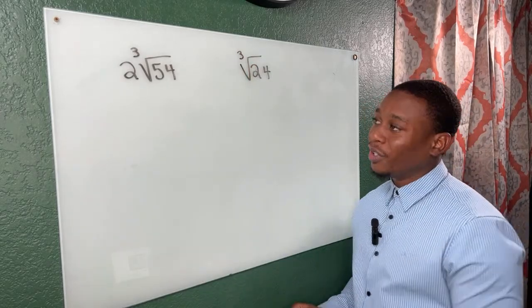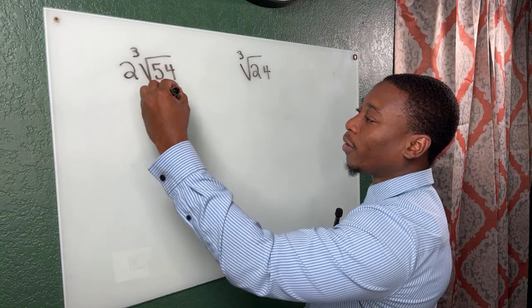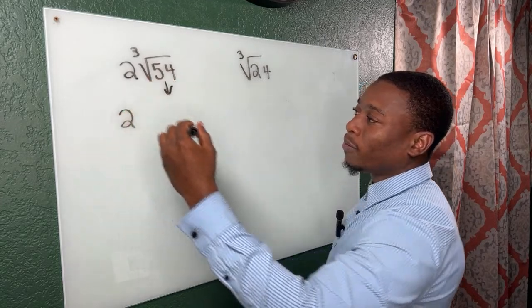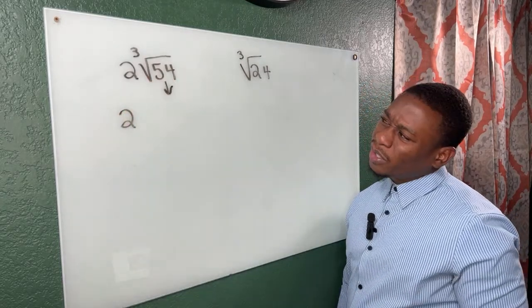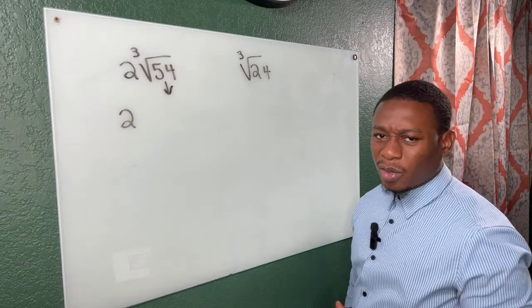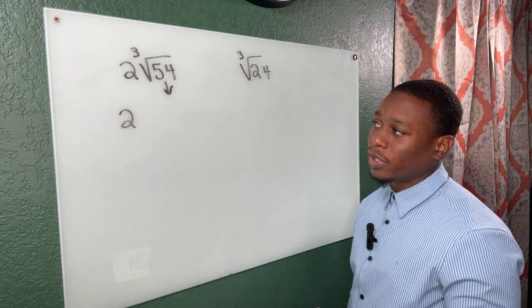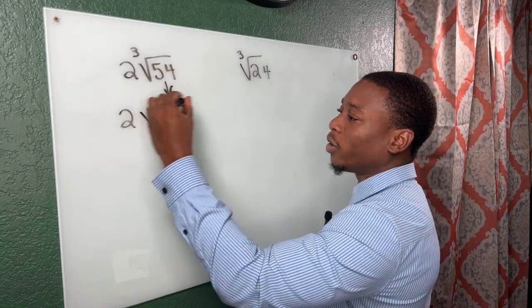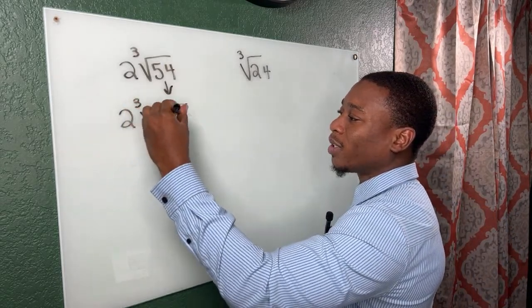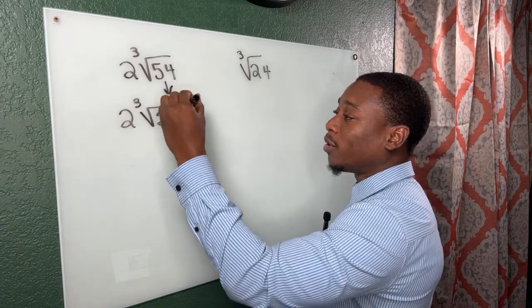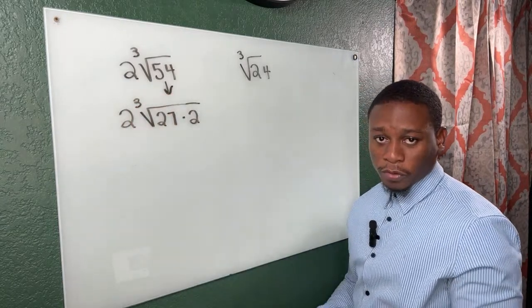So that's really good. When we break this down, I know that 8 does not go into 54. No, right? That's the first cube. The next cube is 27. I know that we could take the cube root of 27 multiplied by 2 to get the cube root of 54.